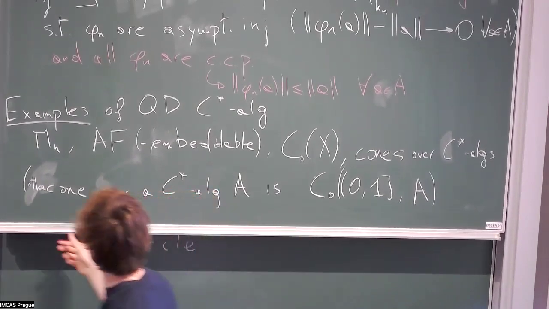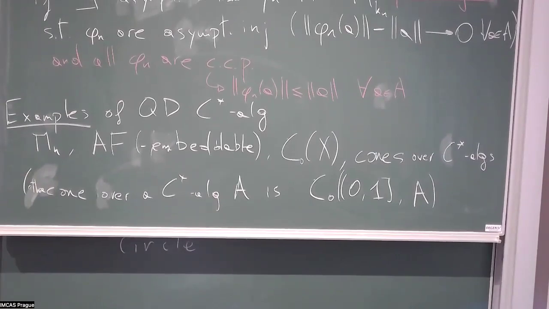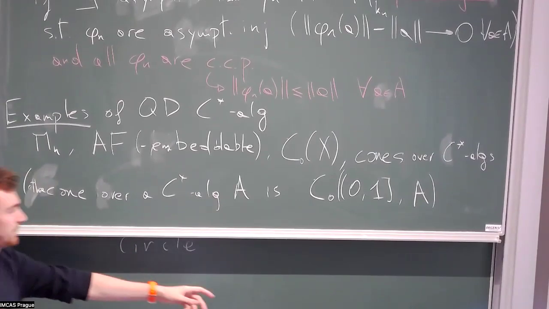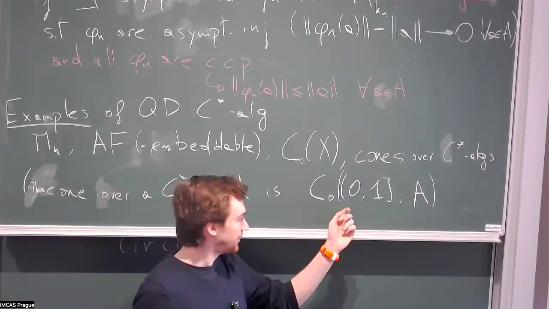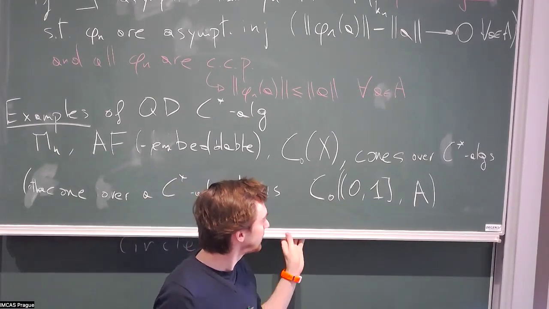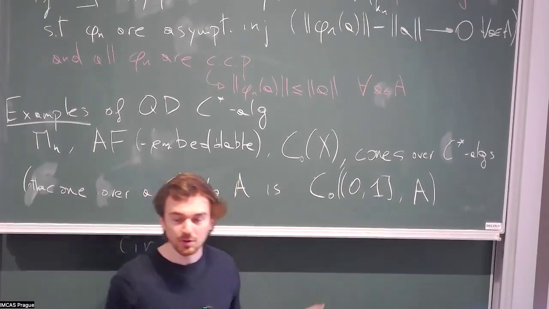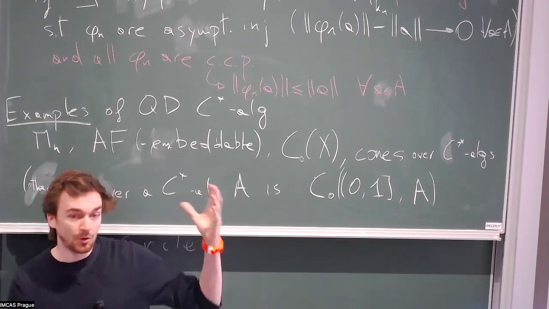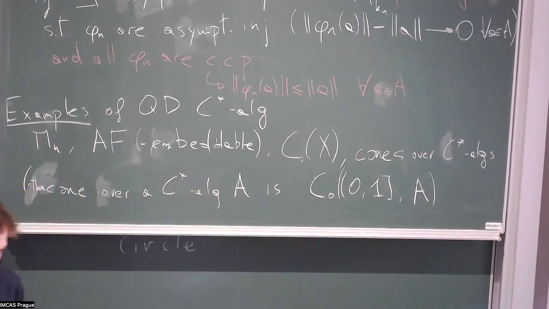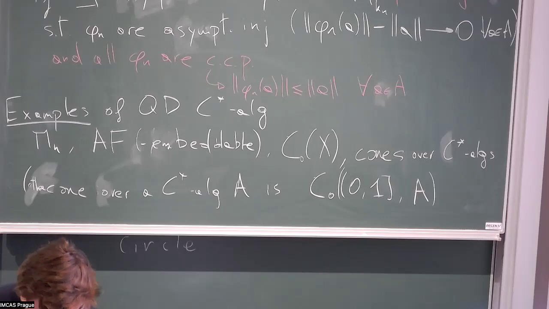But I will not go further into that. So the point is, if you just add on these continuous functions from C_0(0,1), then you also become quasi-diagonal. Okay.